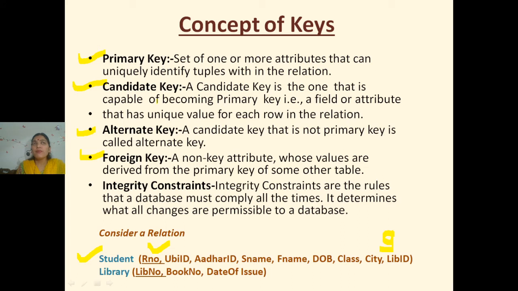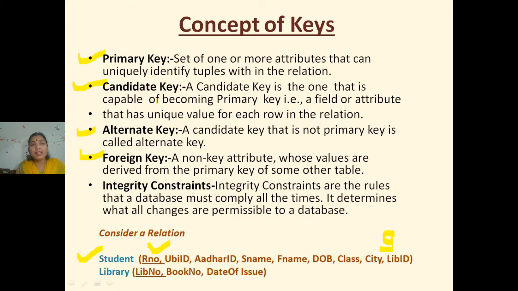How to identify uniquely? Take an example of your class. For class 12th A, roll number 1. Whenever I say roll number 1, if that roll number 1 is Abhinash of class 12th A, it will always refer to roll number 1 Abhinash, not somebody else.